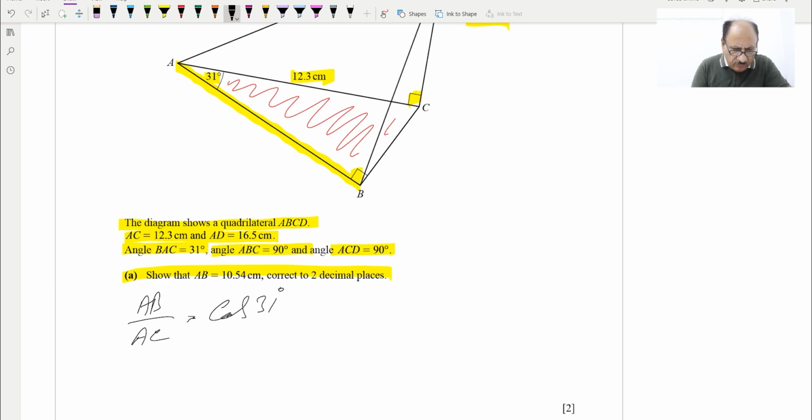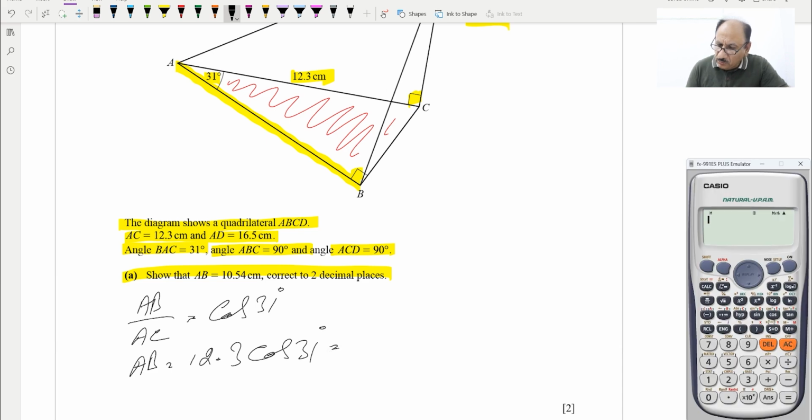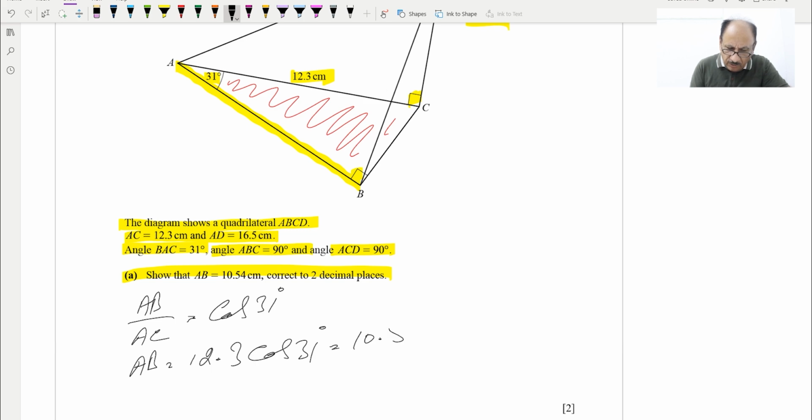AC value we have as 12.3, so AB is equal to 12.3 cos of 31 degrees. Your calculator should be in degree mode. Cos of 31 degrees gives 10.54 centimeters, which we were supposed to show, and this was for 2 marks.